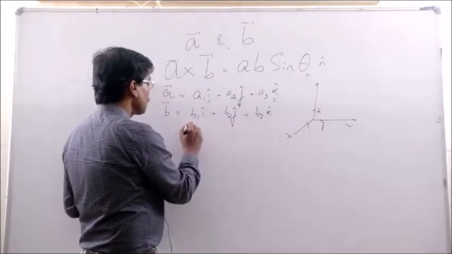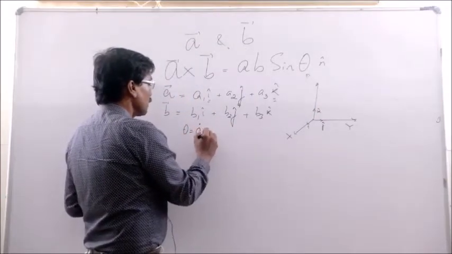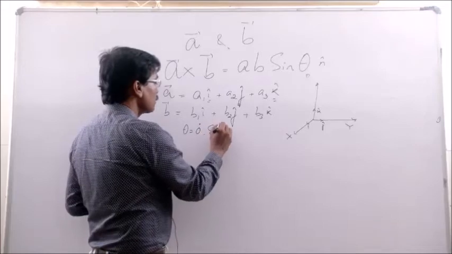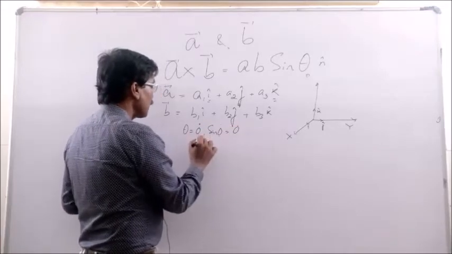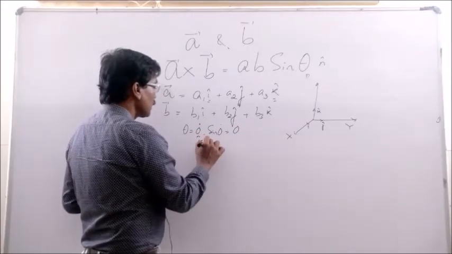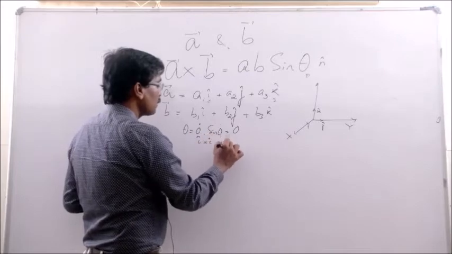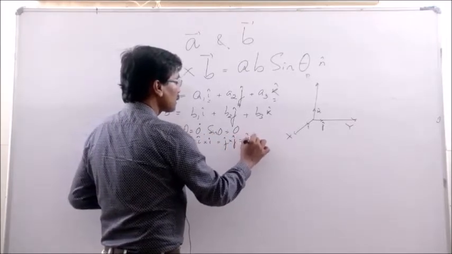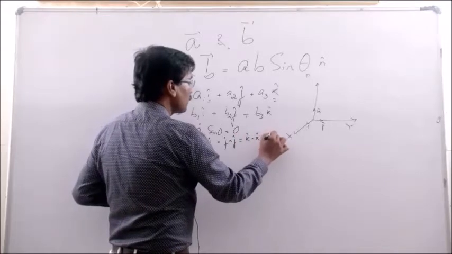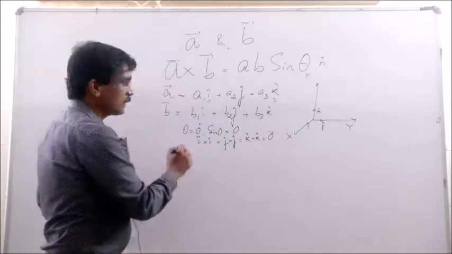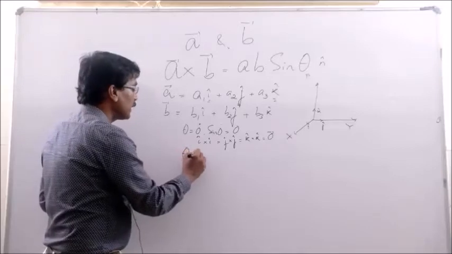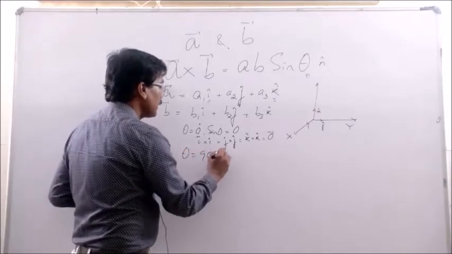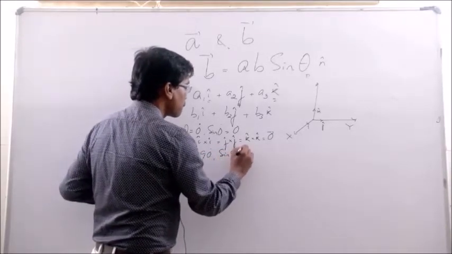Now if theta is equal to 0 degree, then sin 0 is equal to 0. So that means i cap cross i cap is equal to j cap cross j cap is equal to k cap cross k cap, each is equal to 0 vector. And if theta is equal to 90 degree, sin 90 is 1.